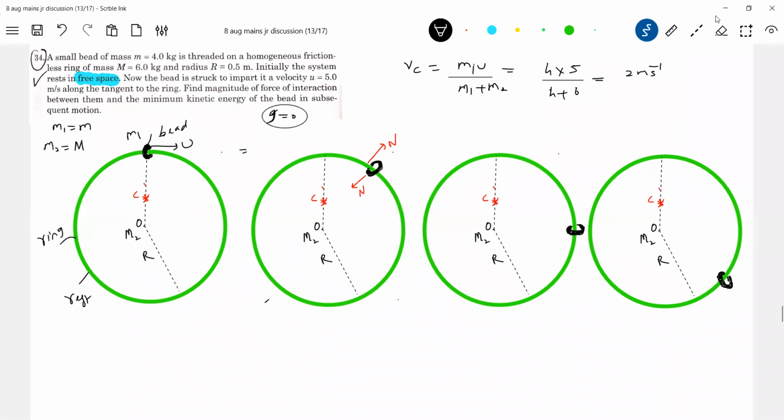Okay, this is what is happening. So call this N1. That force will be a variable. N2 here, N3.